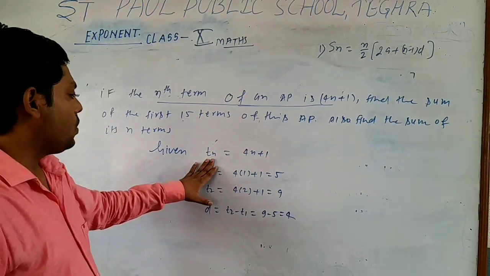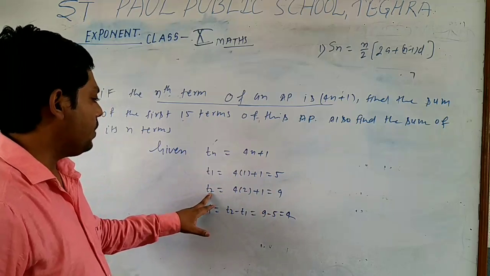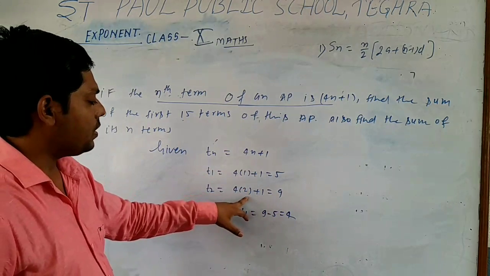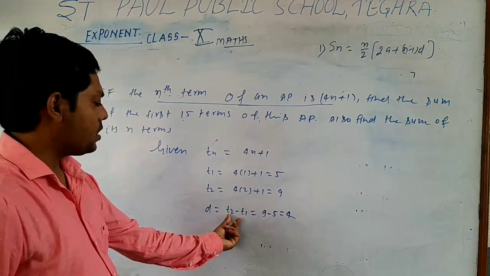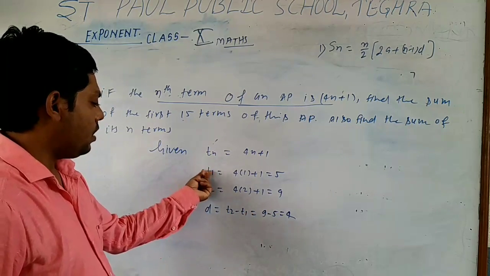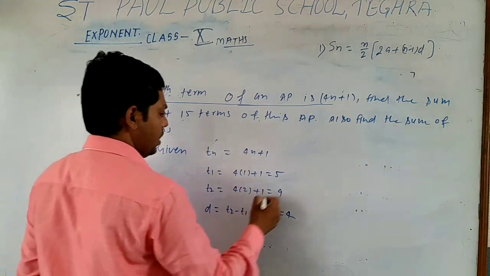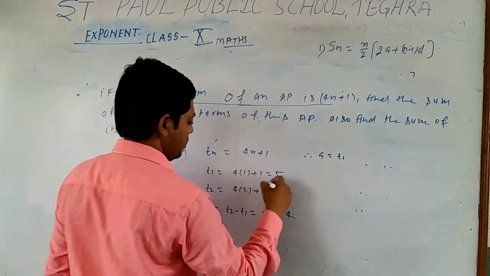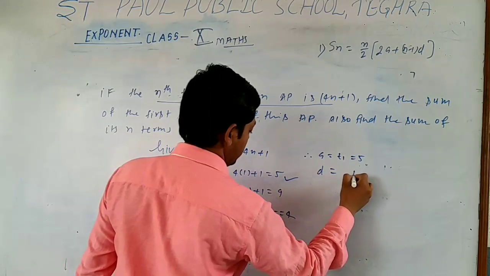If we put n equal to 1, we have 4 into 1 plus 1, that is 5. If we put n equal to 2, we have 4 multiplied by 2 plus 1, that is 9. The common difference is the difference of two consecutive terms, that is T2 minus T1. This gives 9 minus 5, that is 4. Clearly, a, the first term, is T1, which is 5, and d, the common difference, is 4.